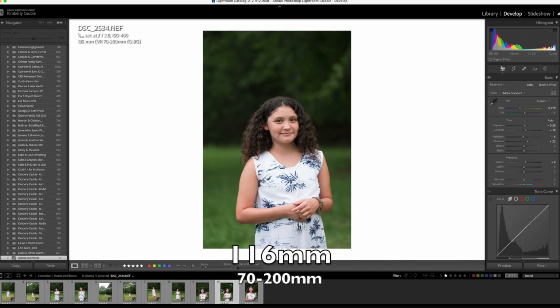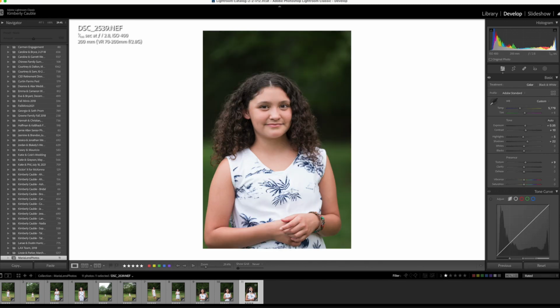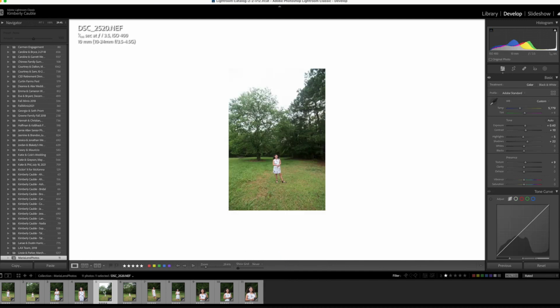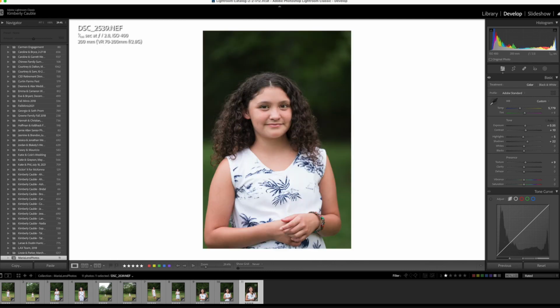This one I went into 135 millimeter. Not very much difference between those two, but then this one I zoomed all the way in to 200 millimeter. And I was standing at the same distance from her between this picture and this picture, but it was the focal length of the lenses that was allowing me to get closer or get further away.